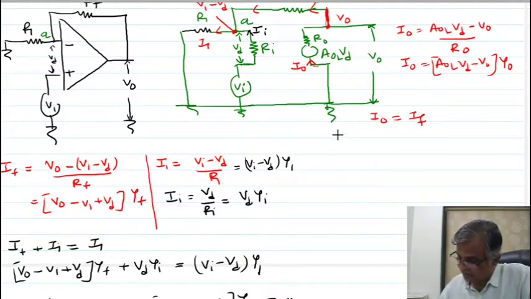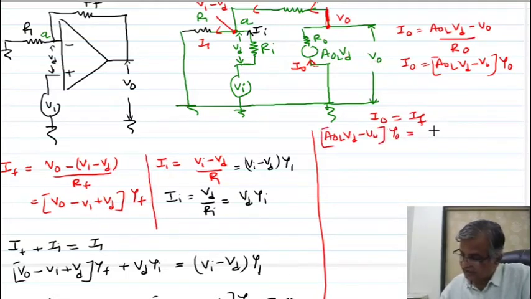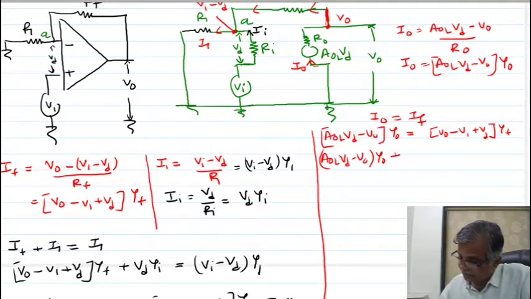So I can write here, (AOL VD minus VO) into YO is equal to, what is IF? (VO minus VI plus VD) into YF. So I can write (AOL VD minus VO) into YO plus (VI minus VD minus VO) into YF is equal to 0.